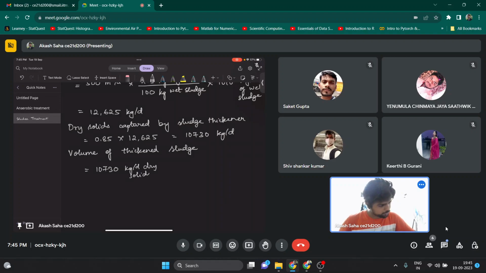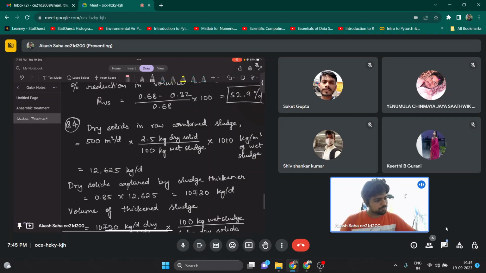Again, the same formula: out of 100 kg of wet sludge, we have 6 kg of dry solids, into 1 by the density in kg per meter cube of wet sludge.